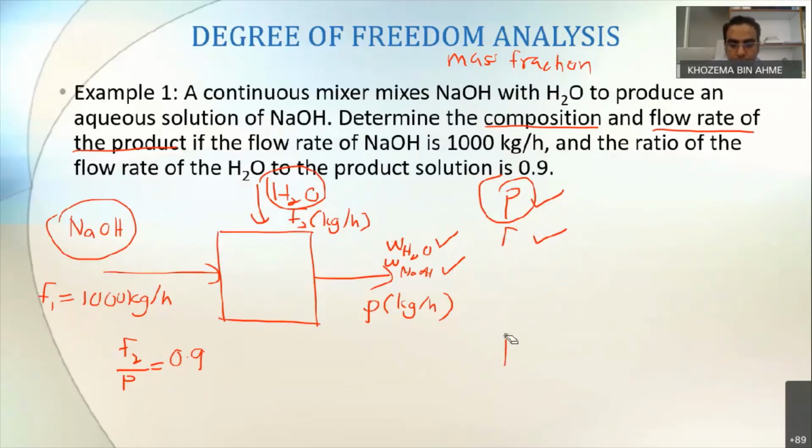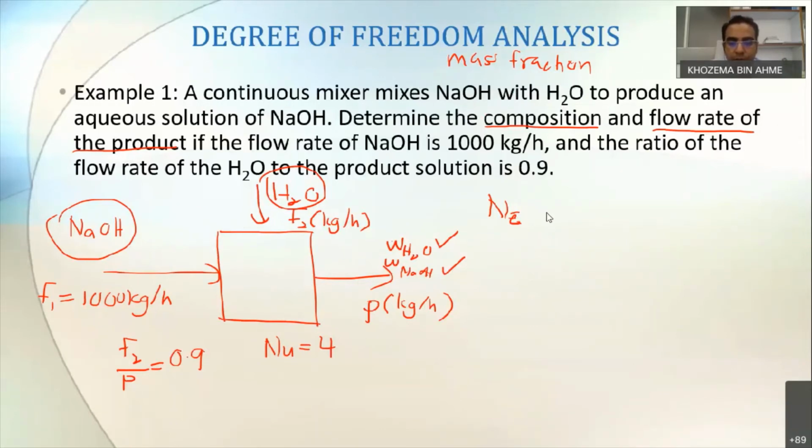Okay, so that is the first step, trying to find the unknowns. That is why it is important for you to properly label your process flowchart. Now I know that my NU is equal to 4. Now the next step is to find my NE, my independent equations and relationships.